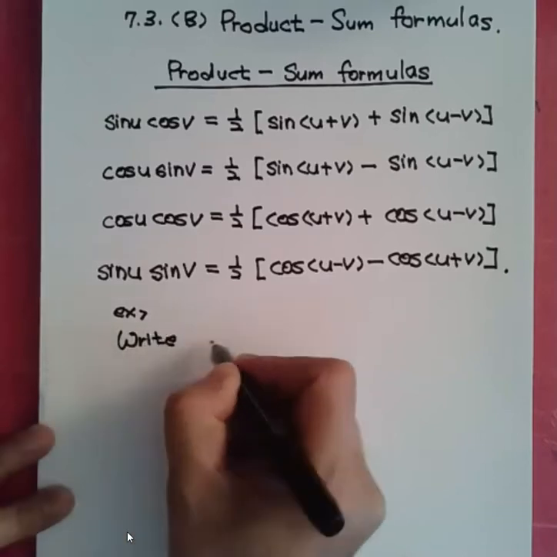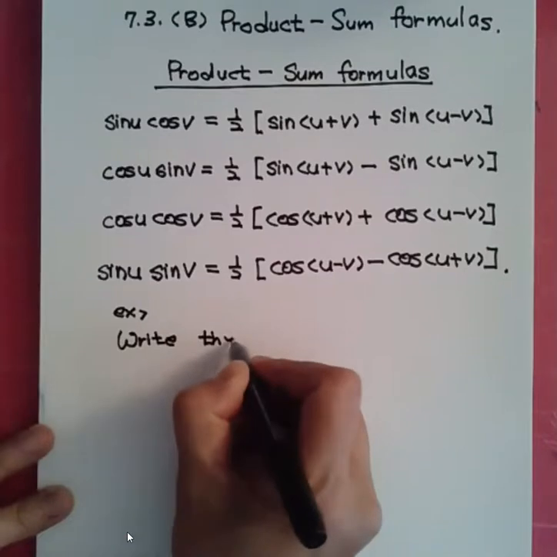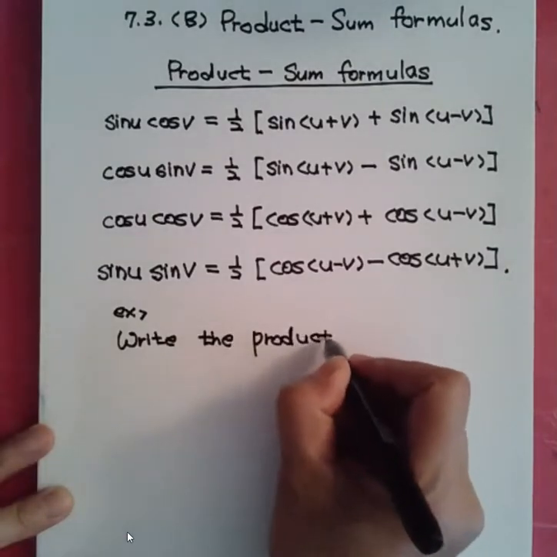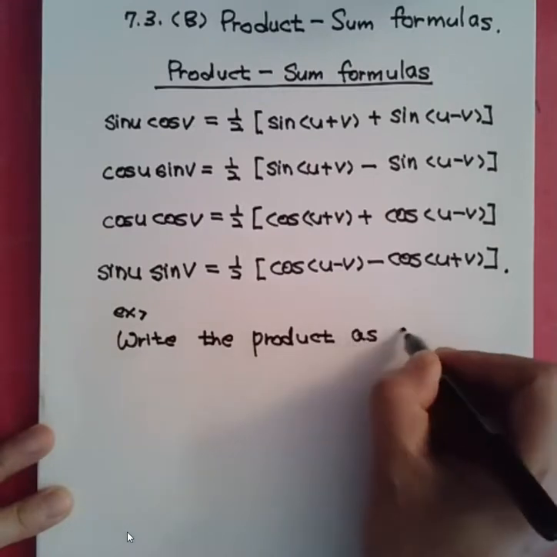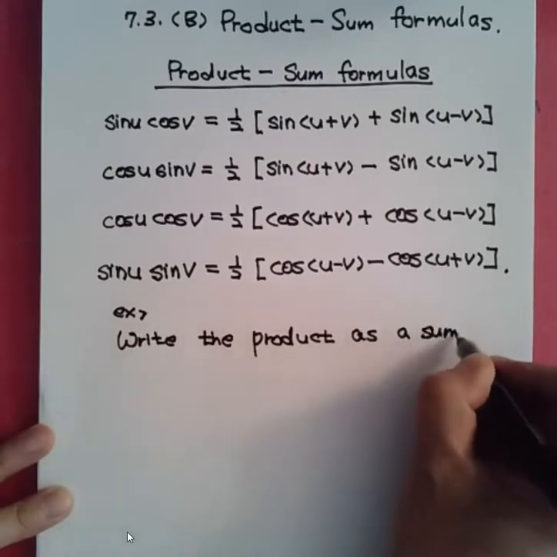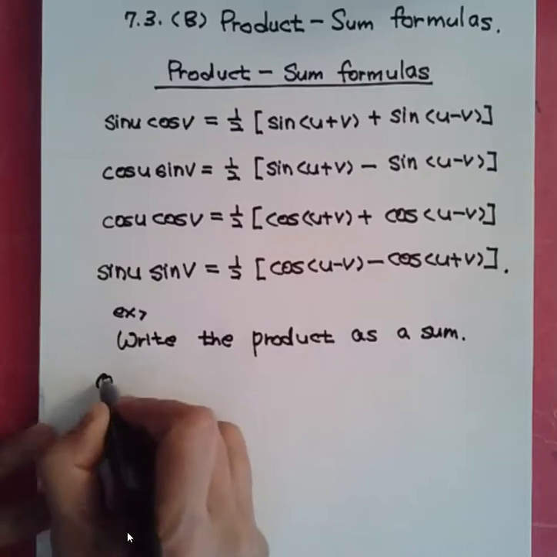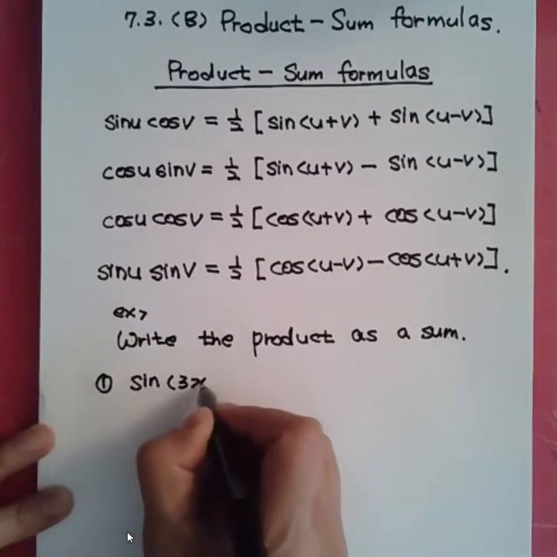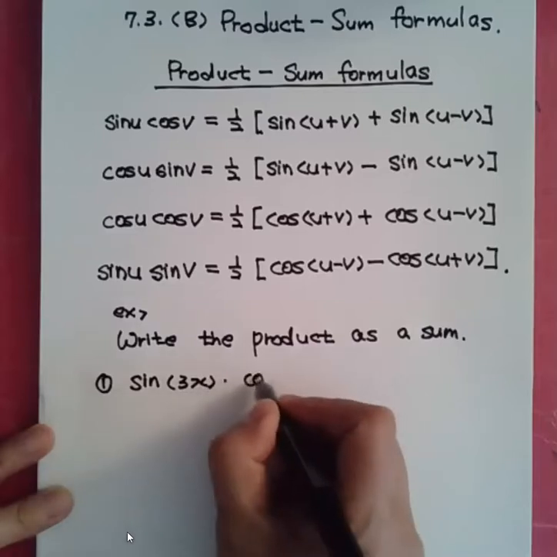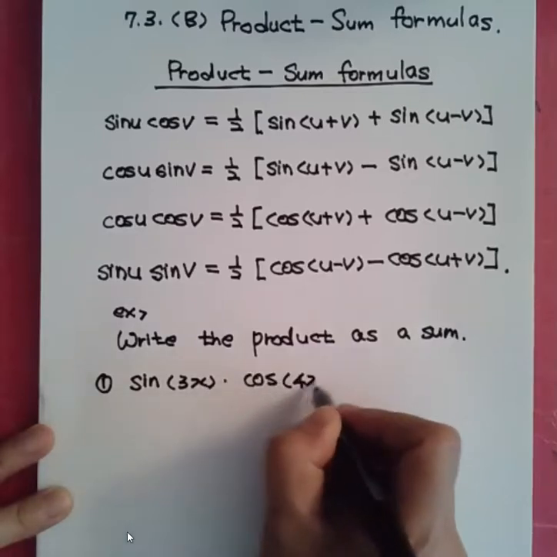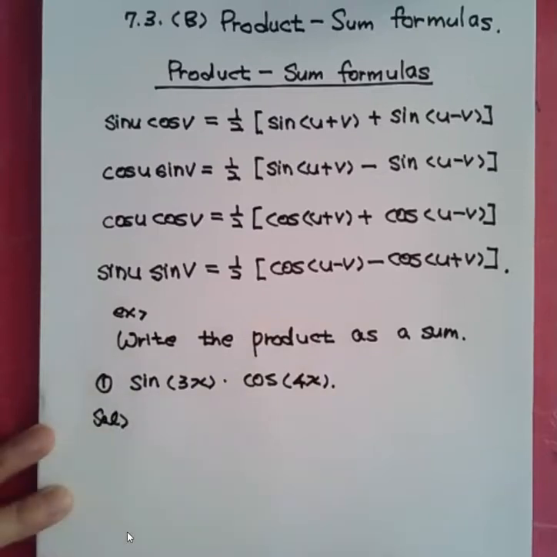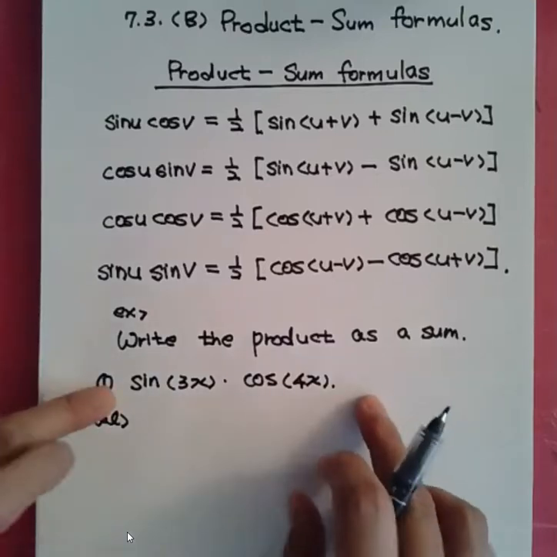Let's do some examples. The first example is sine of 3x times cosine of 4x. The problem is we want to convert the product into a sum.